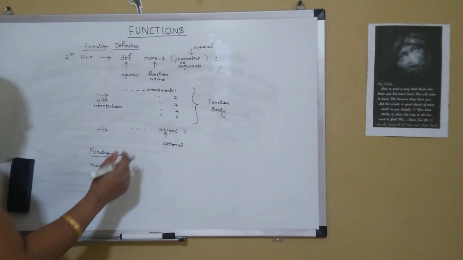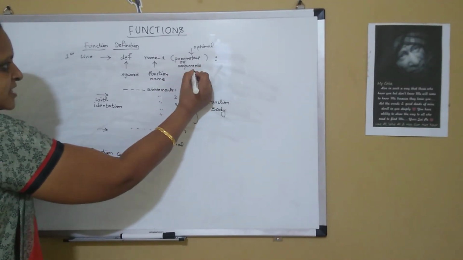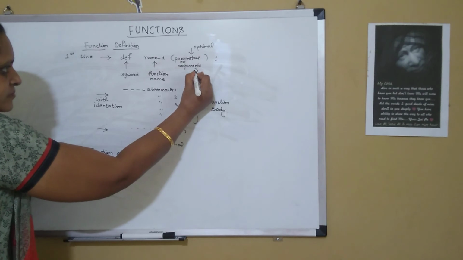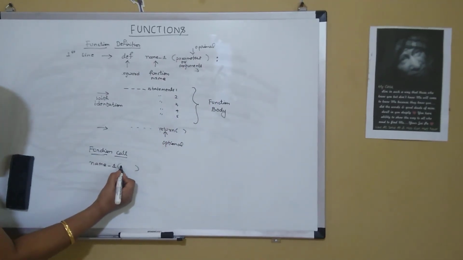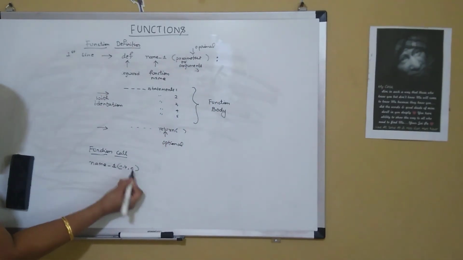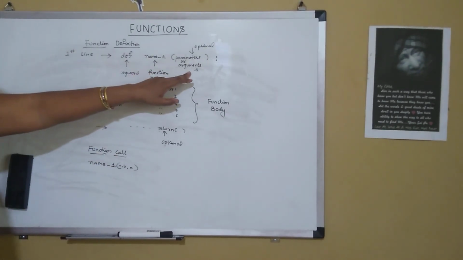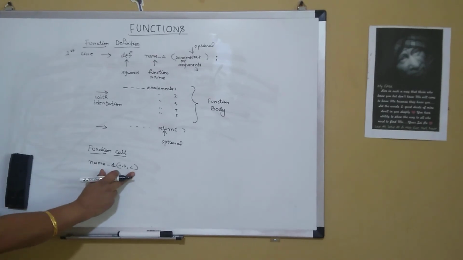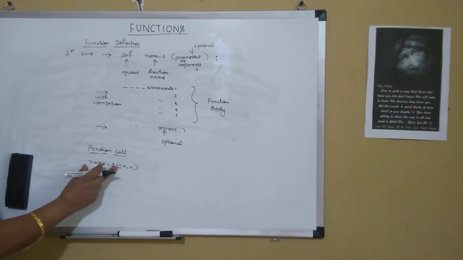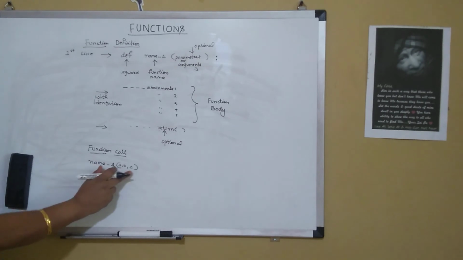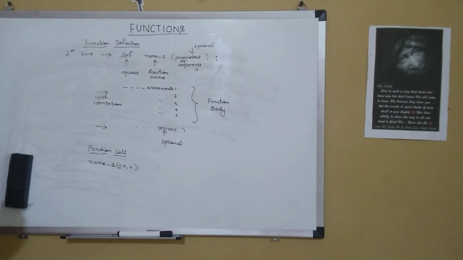Suppose the number of arguments or parameters here is 3. Even in the function call, I have to pass 3 parameters. So the number of parameters which we define in the function should be the number of parameters which we use in the function call as well.